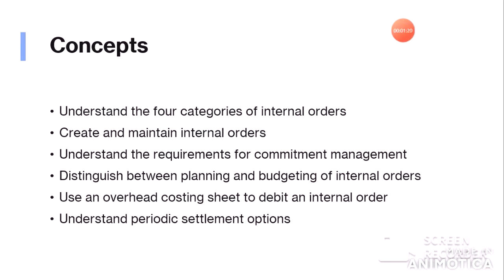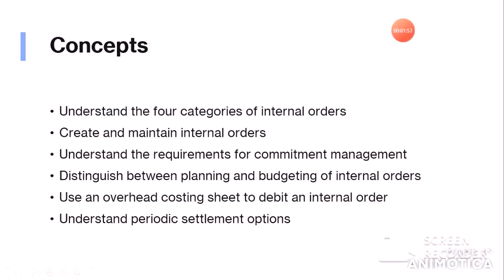We are going to cover the configuration related to these topics and also how we can use the business processes related to internal orders. First, we will understand the four categories of internal orders and how we create and maintain them, and the requirements for commitment management.